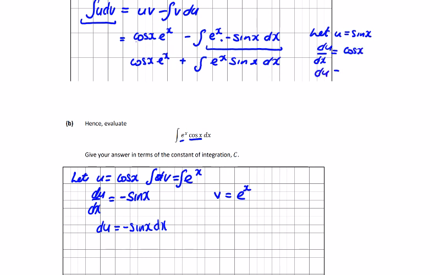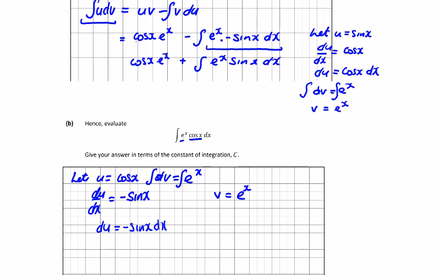So du is equal to cos x dx. Then dv will be equal to e to the power of x. So we integrate, both sides with respect to x, we get v is equal to e to the power of x.